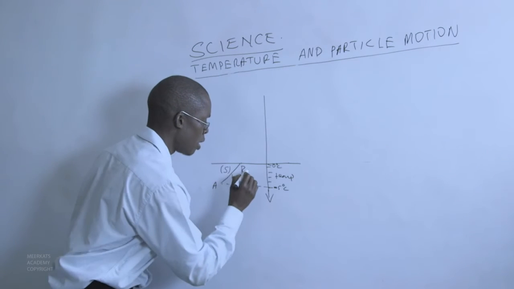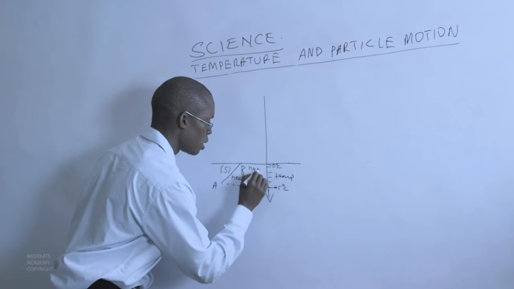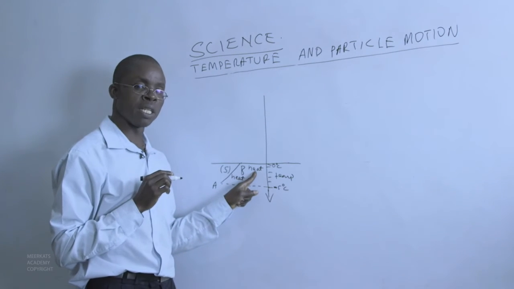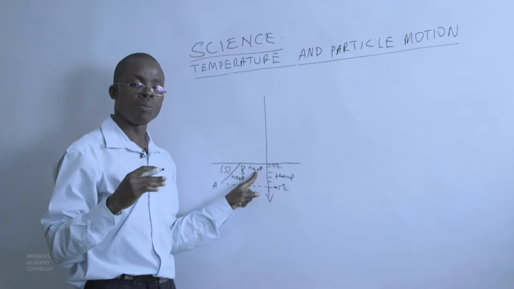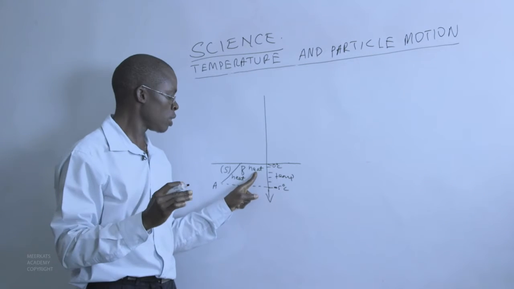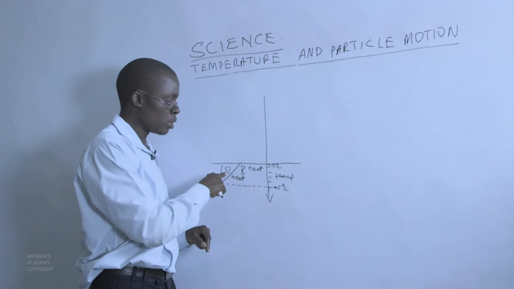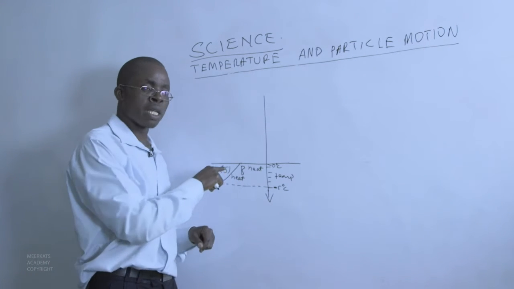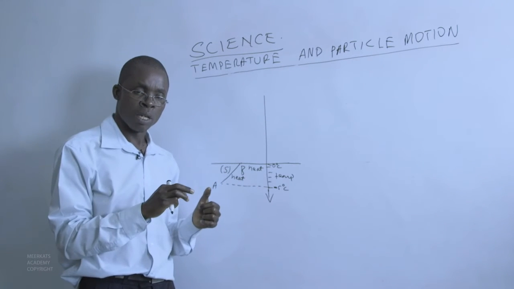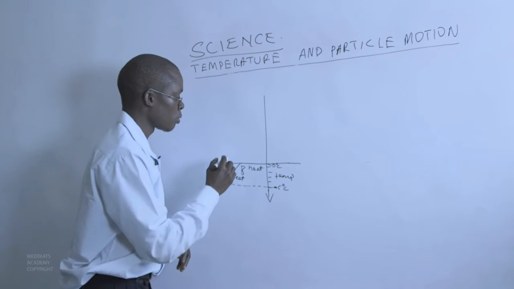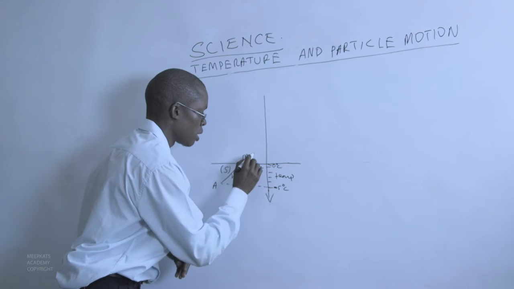But remember, you are still doing what? You are still heating. What is happening? The heat energy you are putting in is being used to break the forces holding the solid water particles, making them break free to be able to roll over each other, a process we call melting.